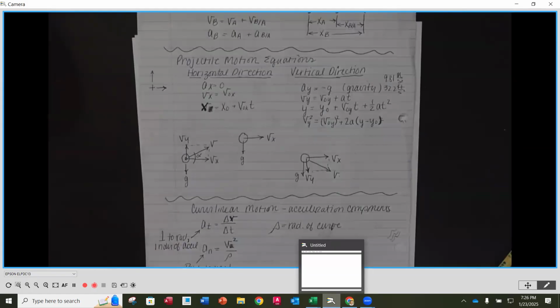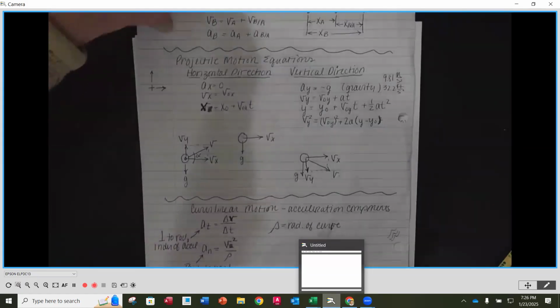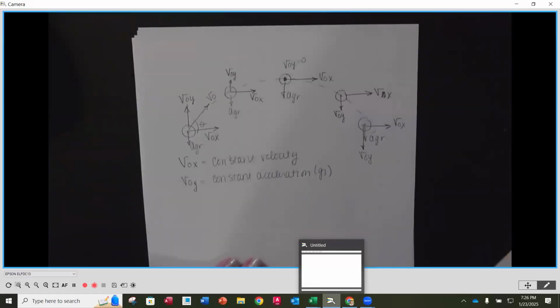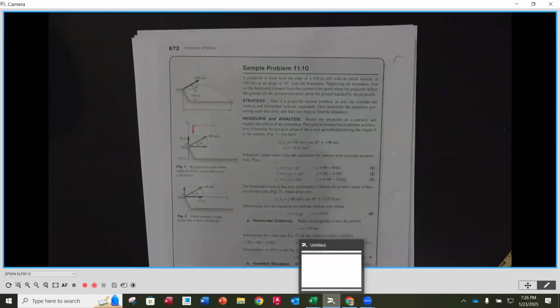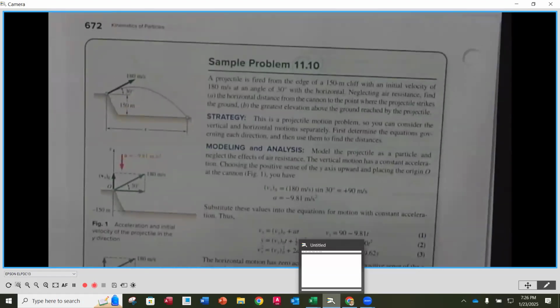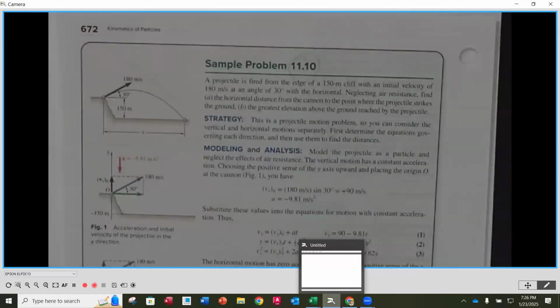I'm going to grab the problem statement for sample problem 1110. This is found on page 672. Okay, I'm going to take this away now and go back underneath this guy. And here is the problem statement for problem 1110.